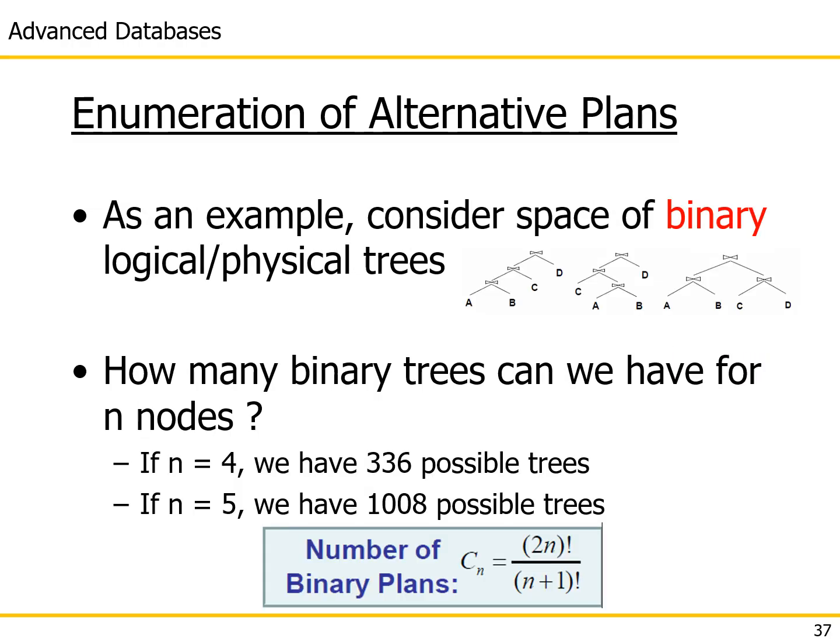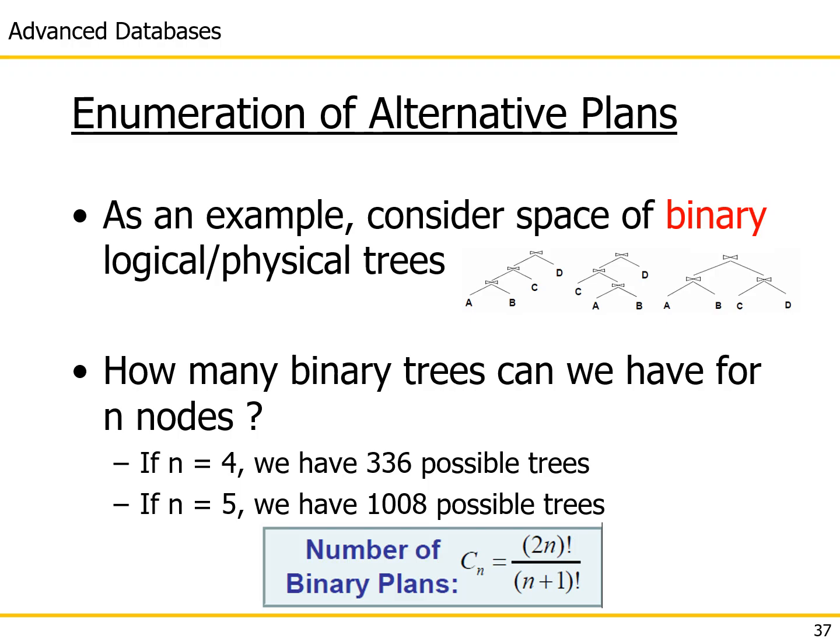So if you just look at binary trees, how many binary trees can we have? Well, this takes us to combinatorics. The number of binary plans we have, if n is equal to 4, if we just have 4 nodes, is 336 possible trees.